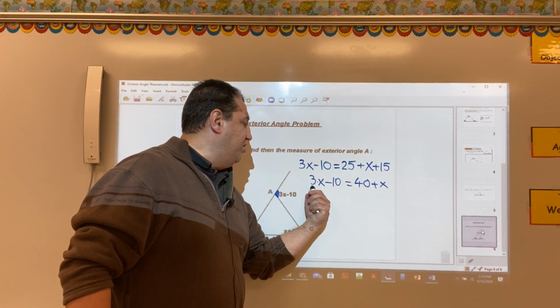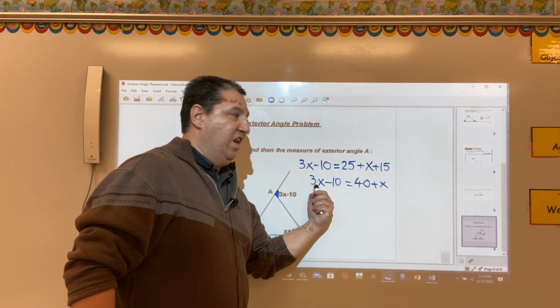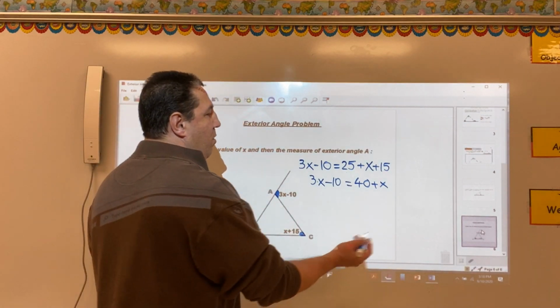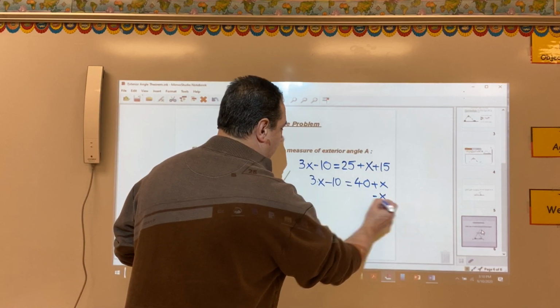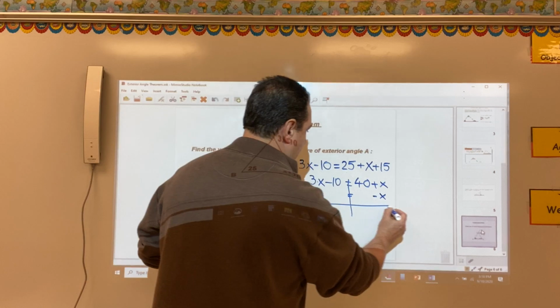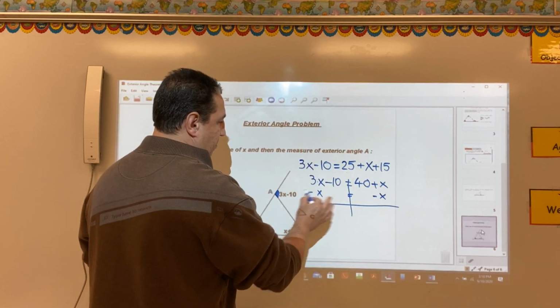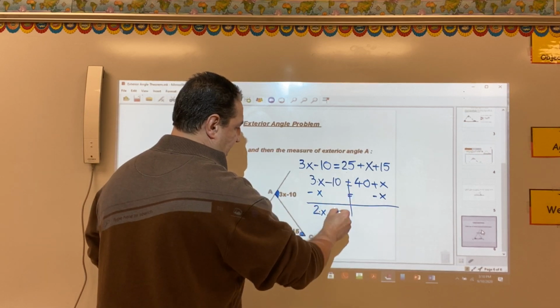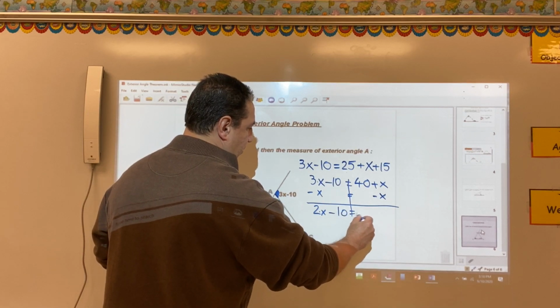Why? Because the coefficient of this term is larger than the coefficient of the other term. How? By subtracting x on both sides. So, 3x minus x equals 2x. We bring down negative 10 equals.